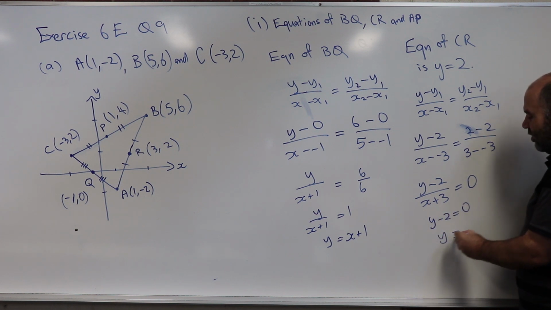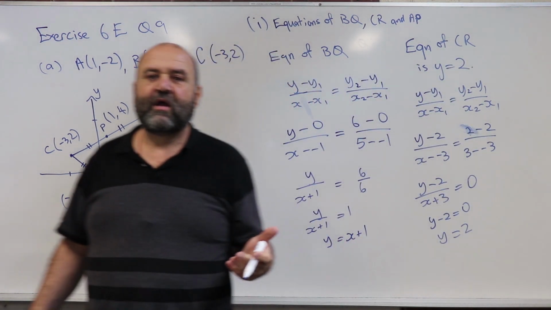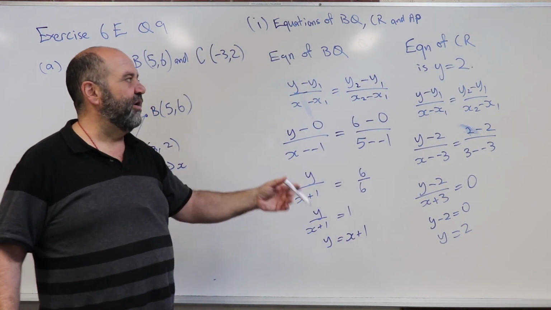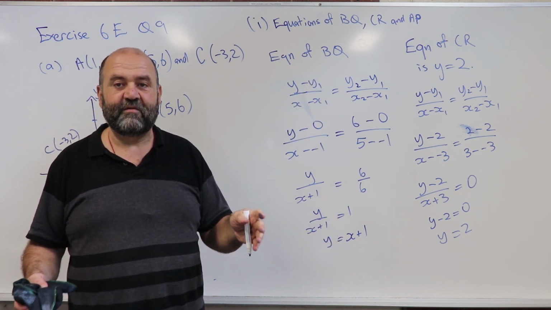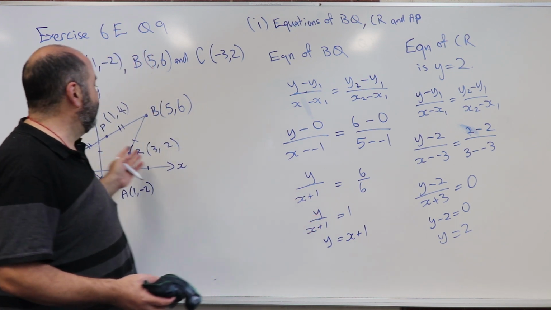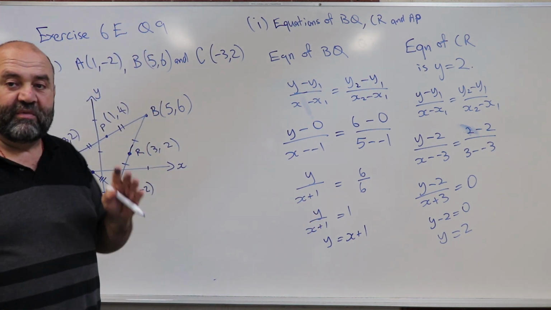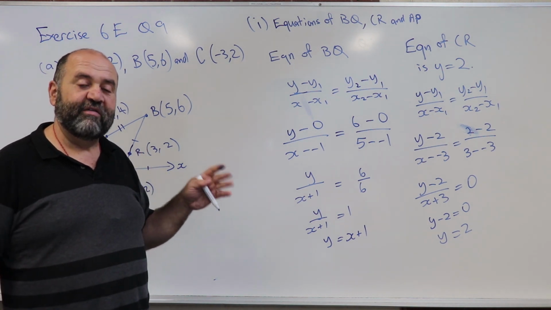In other words, y equals 2. So we would have got to that same point whether we went through the motions of using the 2-point formula, substituting values in, or just looked at the numbers and used our nous about what we know about horizontal lines.